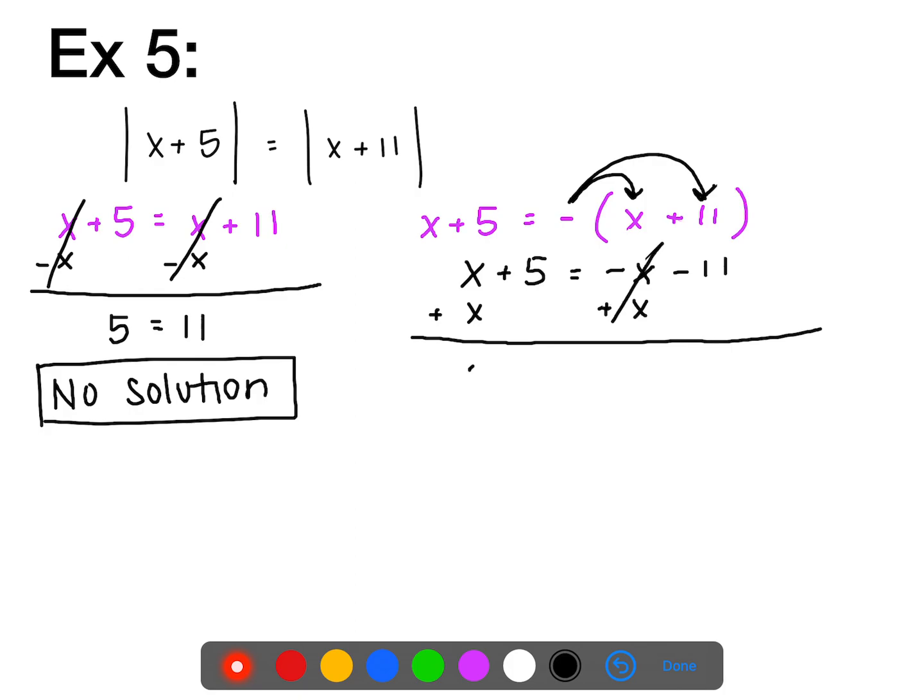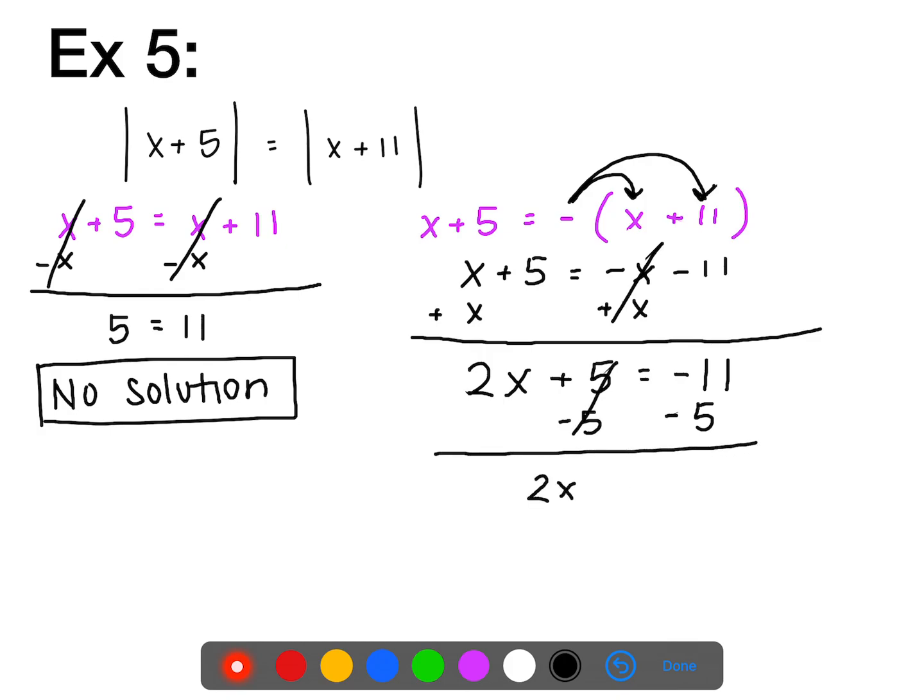Add x, I get 2x plus 5 equals negative 11. Then I subtract 5 on both sides, and I get 2x equals negative 16. And I divide by 2, and I get x equals negative 8.